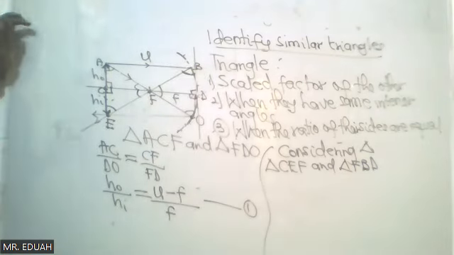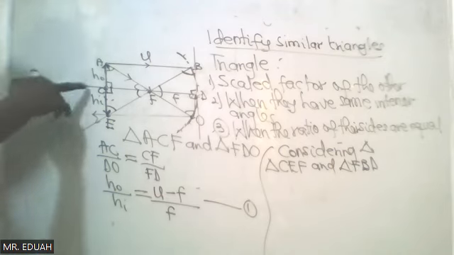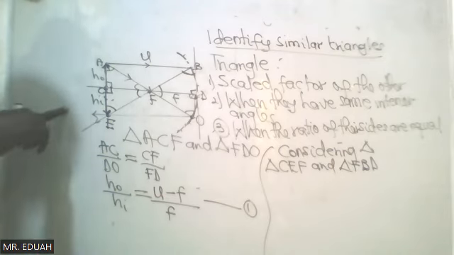Are we there? Yes. So when triangles are similar, they have the same interior angles. Then the ratio of their corresponding sides must also be equal.